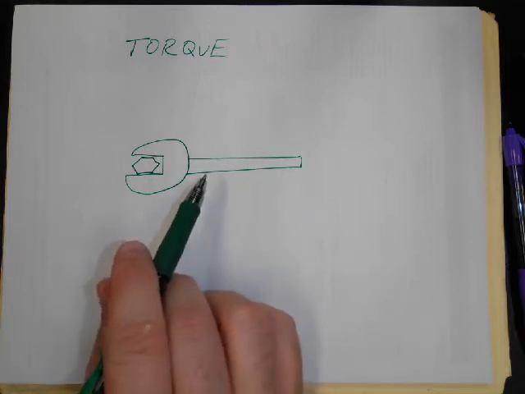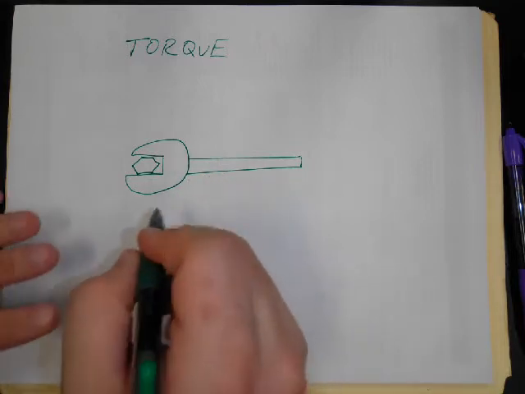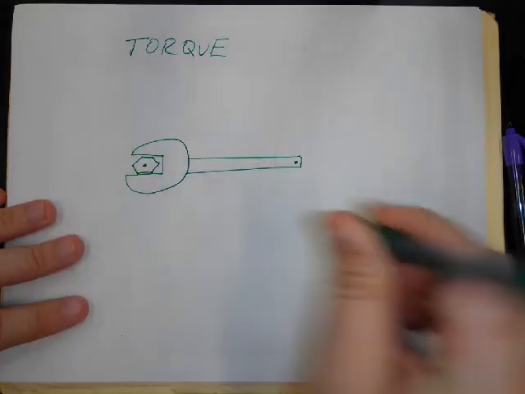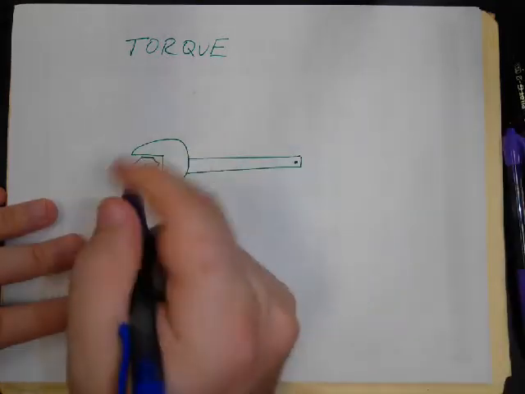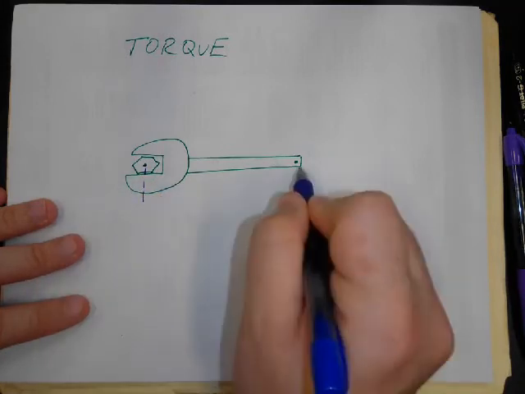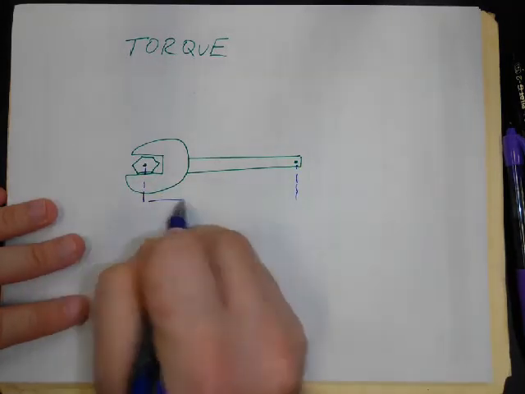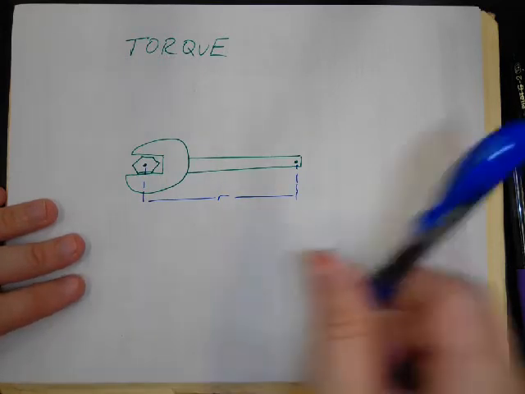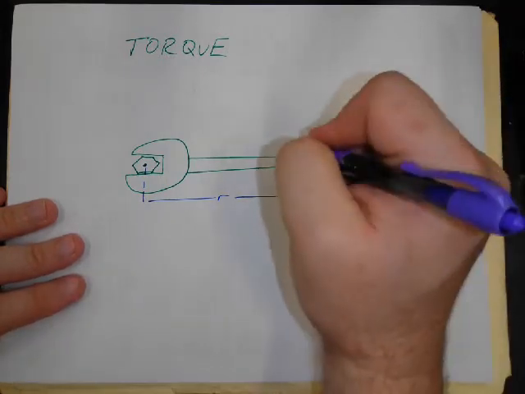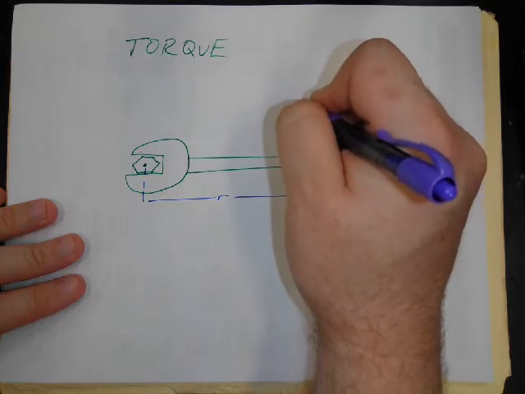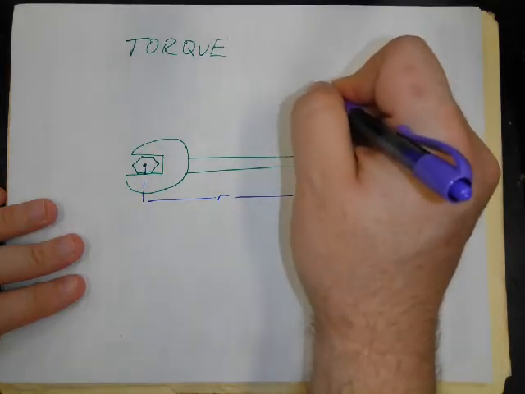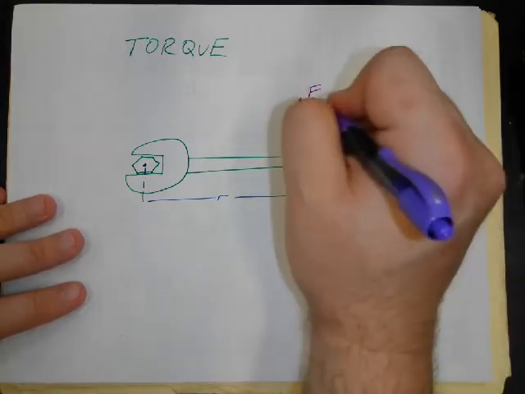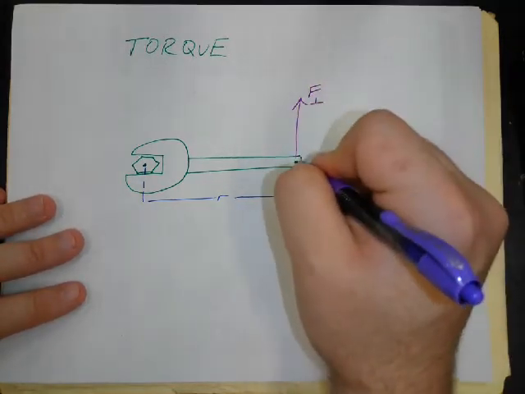So what's happening is when you use a wrench, there's some radius here. We'll put that in. It's radius R. And then we apply some force to it, and maybe we apply that force at an angle. So I'm going to call this the perpendicular part.